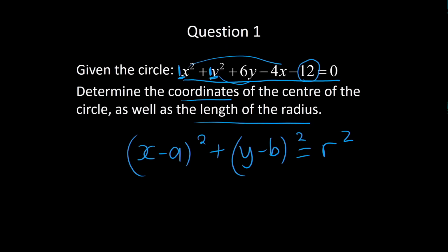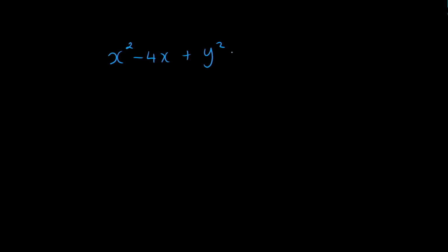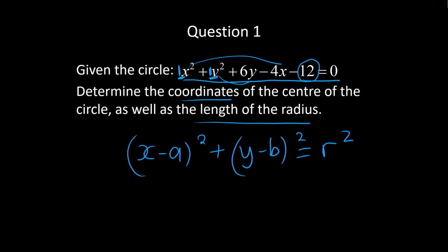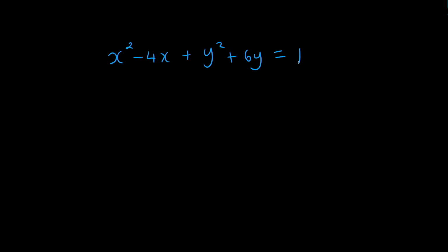So we've got x squared, I'm going to put it together with minus 4x, plus y squared, and that goes with the 6y, is equal to, we're going to take the negative 12 over to the right-hand side, so that will become positive 12. Okay.